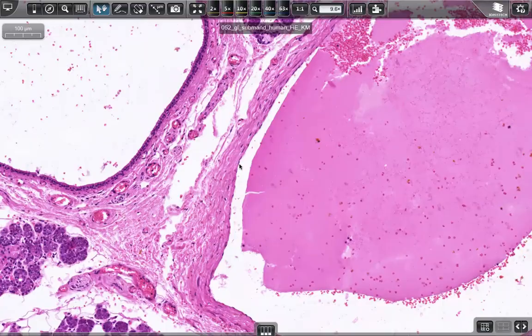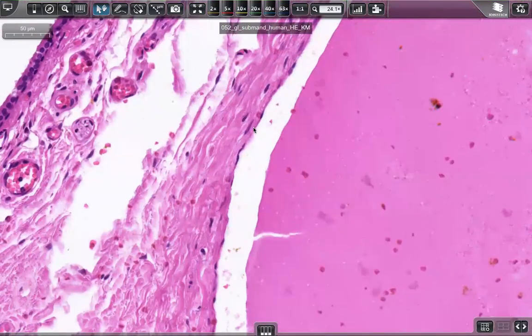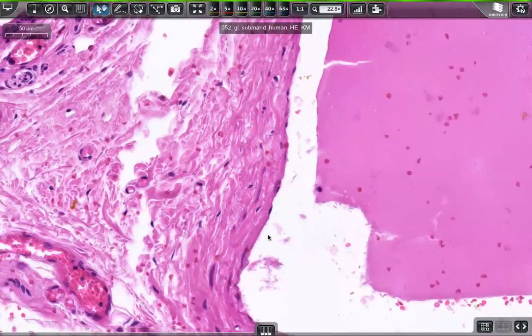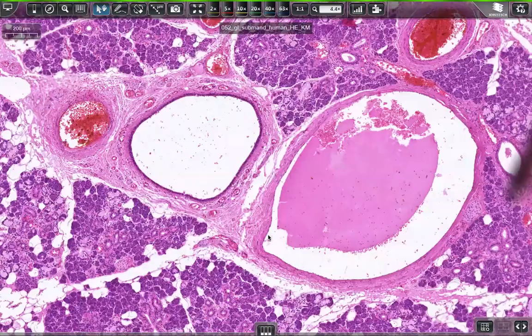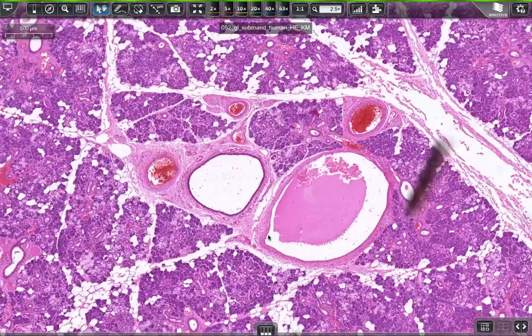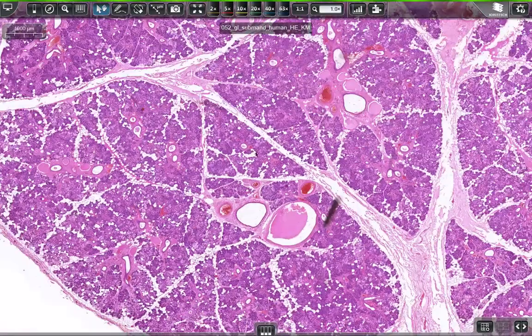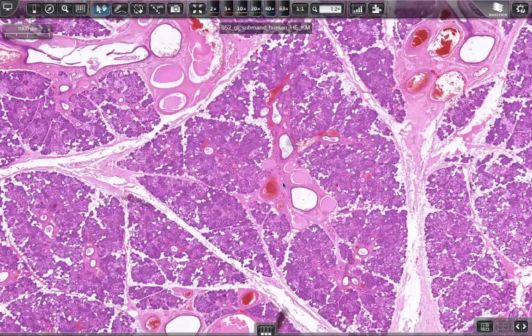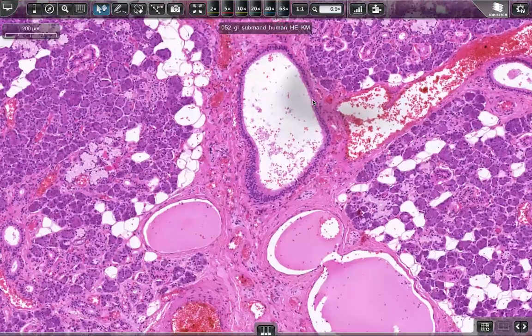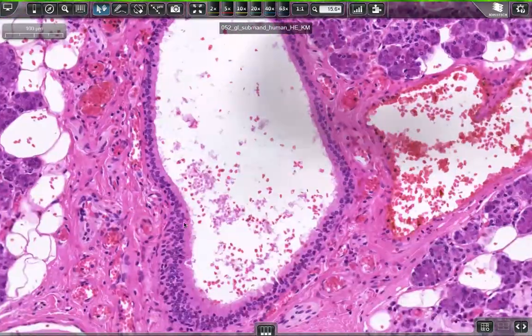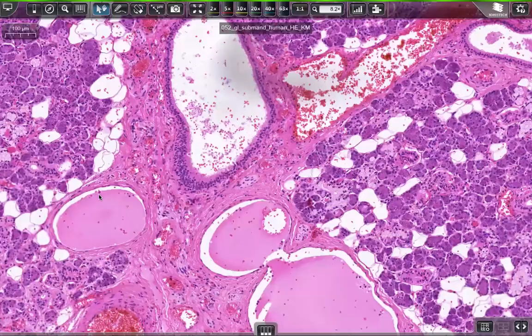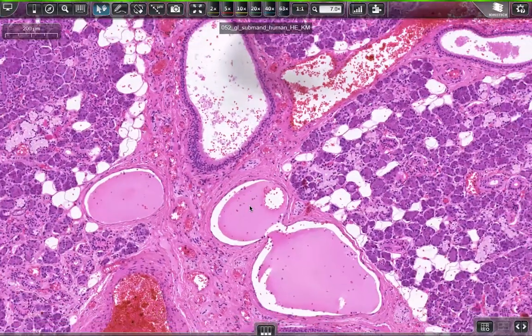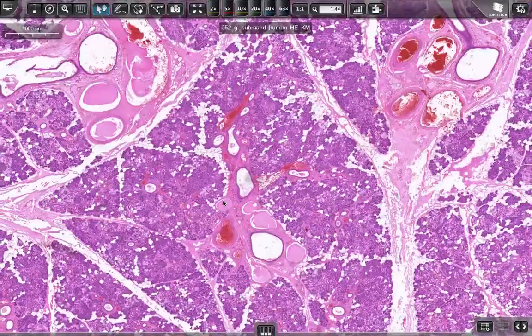So here we have the flattened cells, the endothelial cells. So this is a vessel. This is a vein. Another interlobular duct because of the stratified lining epithelium. They are vessels.